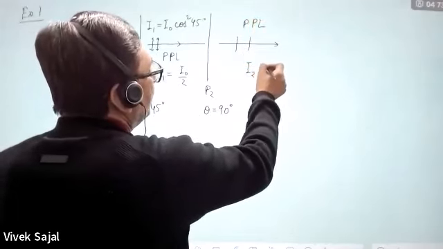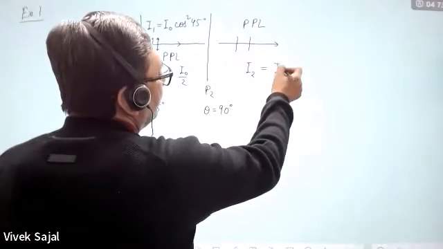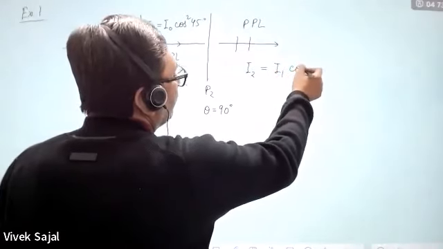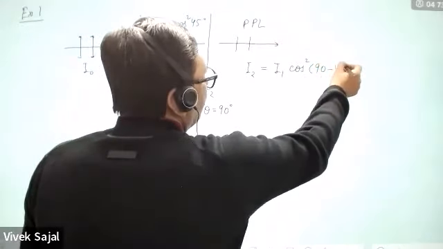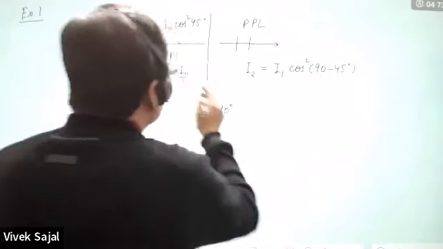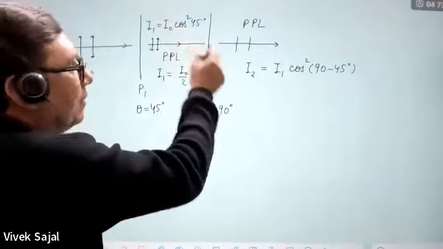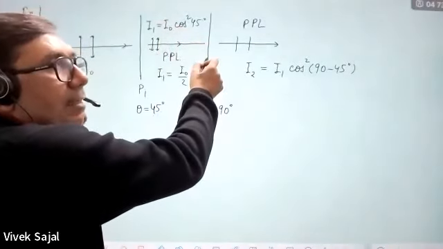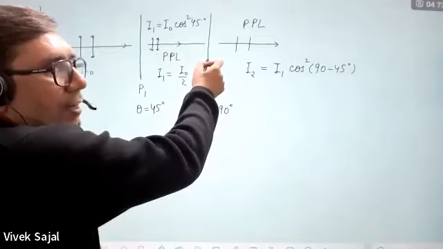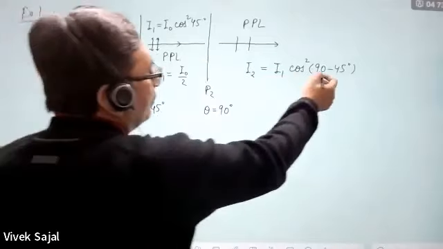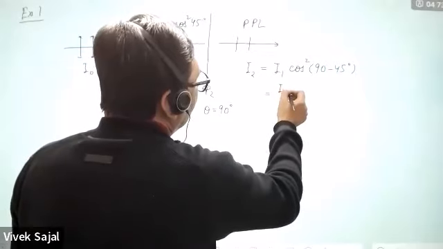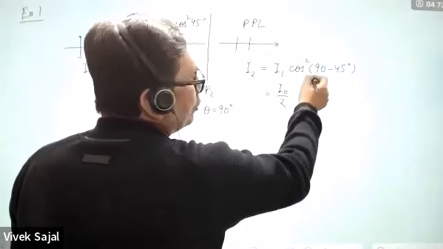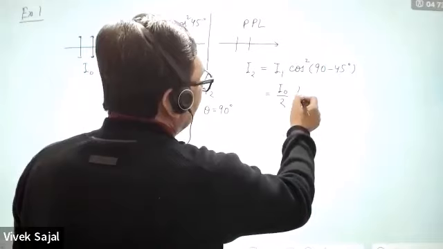That will be I2, and I2 will be equal to I1 cos square (90 minus 45). The electric vectors are at angle 45 and the path axis is at 90 degrees with the original direction of the electric vector, so this will be 90 minus 45. I1 is I naught by 2, and cos square 45 is again 1 by 2.